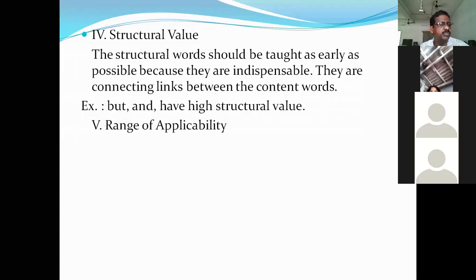Then next, immediate utility. Suppose we are using a very difficult word, they cannot always use it in their reading, speaking, listening and writing. LSRW will not cover some of the words. That's why words should have immediate utility. Basically we use book, pen, table, teacher, school, etc. These are more useful than other words like almara, ceiling, medicine, cabin, engine.